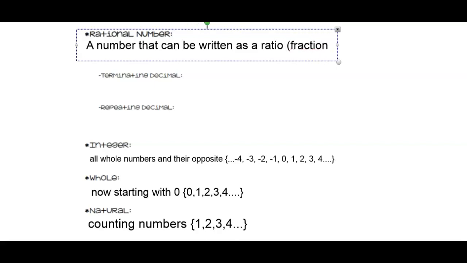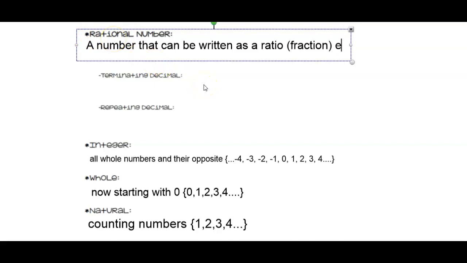So let's put that in parentheses. It's a fraction. So if I were to go back and read this word, rational number, I would say a number that can be written as a fraction. The only reason why we say ratio, guys, is because ratio is found in the word rational. Does everyone see that? Okay.